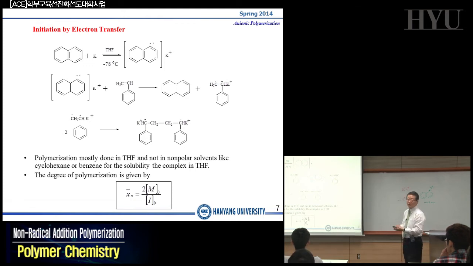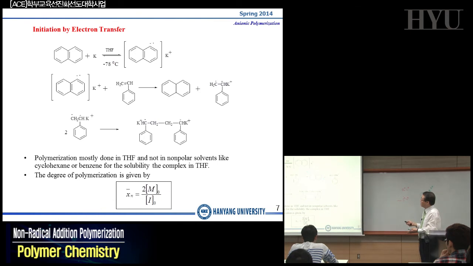Now, they knew that the color changes during this reaction. The color changes from white to a little yellow or purple, and then becomes colorless again. So they knew that the radical anion is formed and then regenerated to naphthalene, and by observing this change they knew this is really the case.